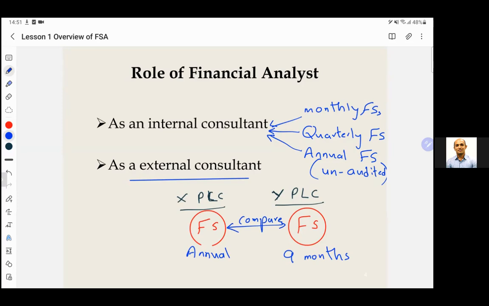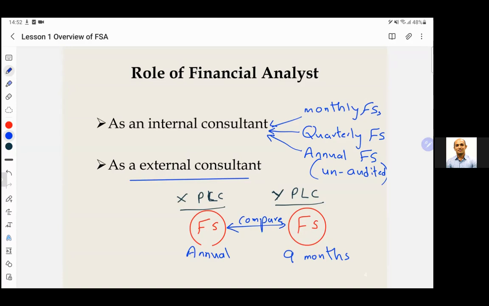Therefore, that company has prepared financial statements for the 9 month period. Can you compare the two companies' financial statements? You can't compare because the two companies' reporting periods are different.